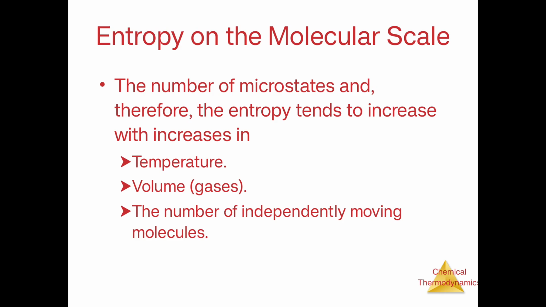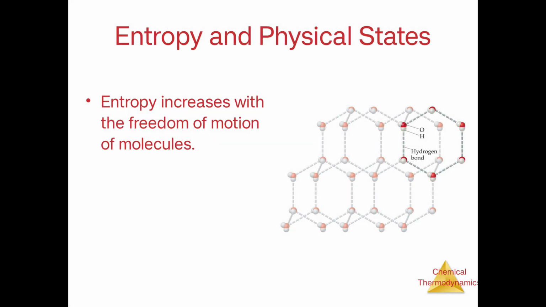Hope you understand that one. The number of independently moving molecules is again a way of accounting for the Avogadro number also. So all these things, the increase in the temperature, the volume, and the number of independently moving molecules will account for the increase in the entropy. Okay, that's what is mentioned with respect to the physical state also.